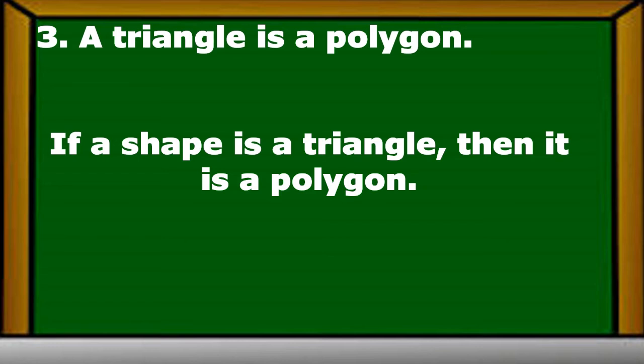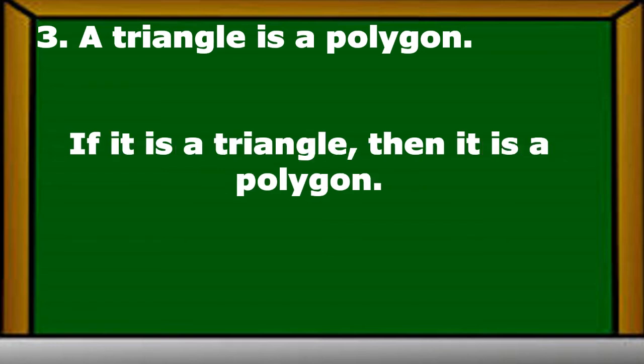We can also say if it is a triangle, then it is a polygon. Take note that we can add words as long as it will not change the meaning of the given statement.